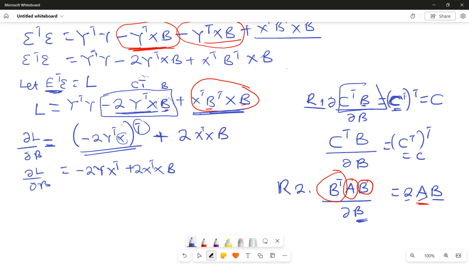Now after reaching this stage, remember that every time we differentiate a function, we equate it to 0, right? Which means that -2 y x transpose plus 2x transpose x b is equal to 0. Yeah, we've got this.